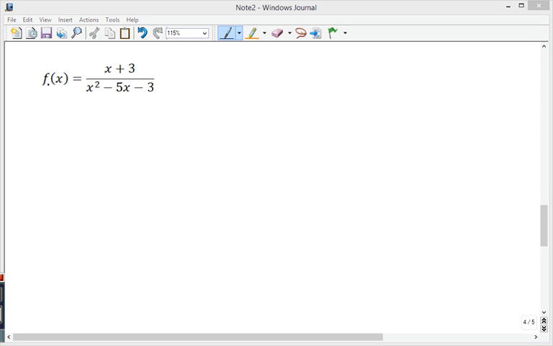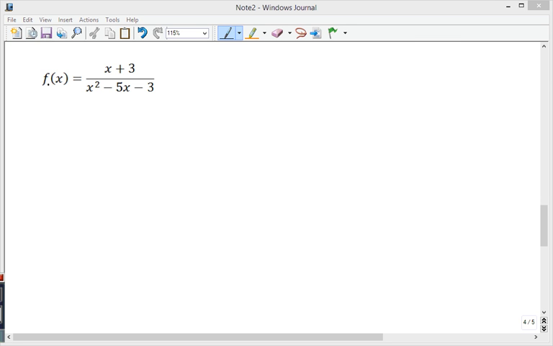So when we have a number over a variable and we let the variable get really big, that thing will get close to 0. So we can rearrange this.